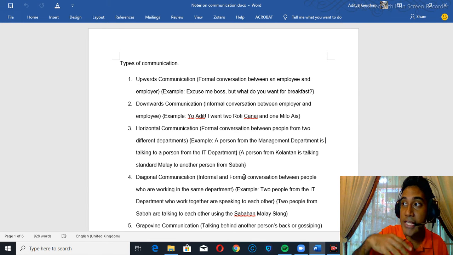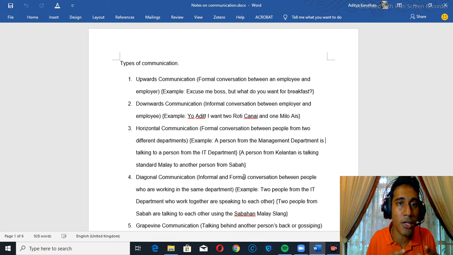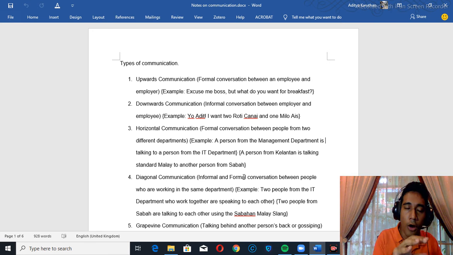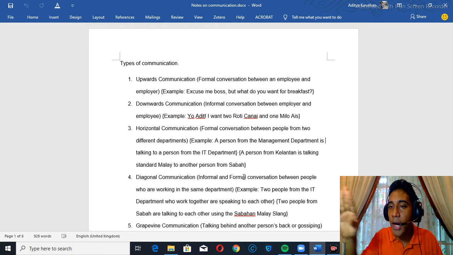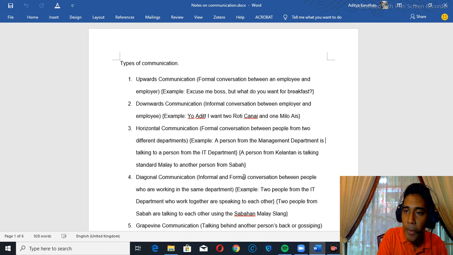So when I, from Kelantan, am speaking to my friend from Sabah, I must use standard Malay. So horizontal communication means it's a formal conversation between people who are from different departments.